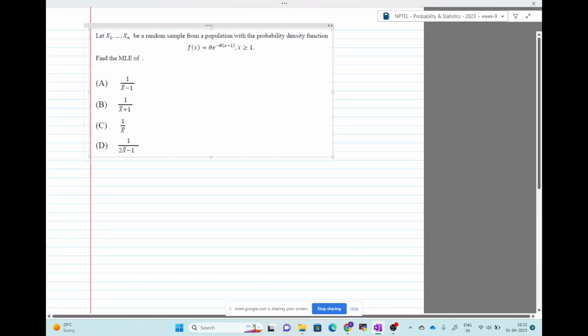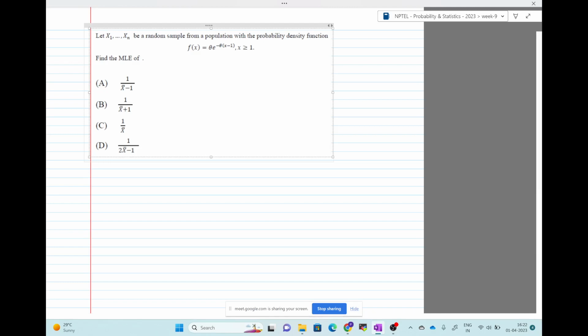So we have these n random samples from a population with this density function, and we are asked to find the maximum likelihood estimator. We have this exponential-like distribution, and to find the maximum likelihood estimator, we'll find the joint distribution of n random samples given theta.